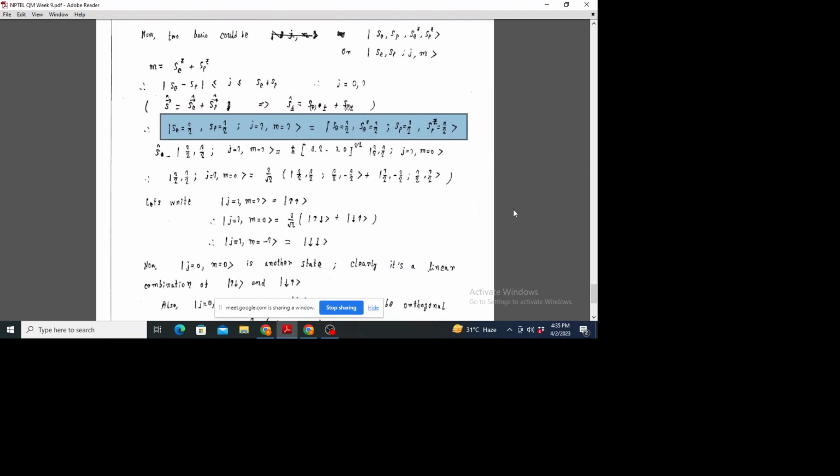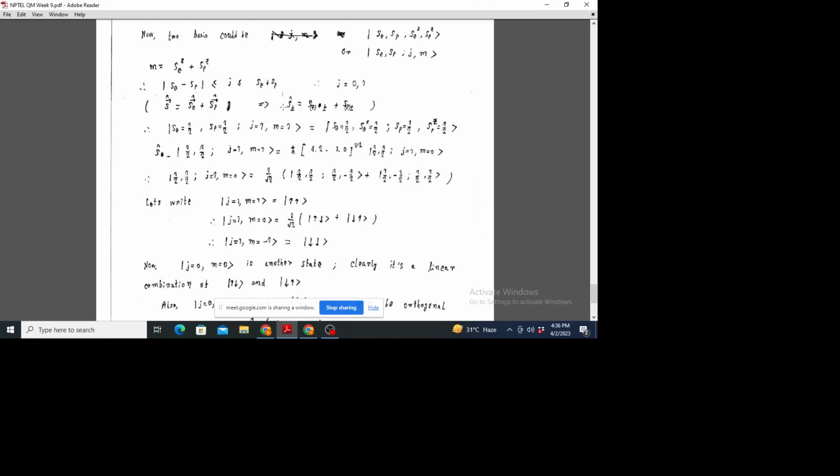Now from there we have to find the other states corresponding to other M values. How to do that? From J equal to 1, M equal to 1, we can reach J equal to 1, M equal to 0 simply by acting with the lowering ladder operator.